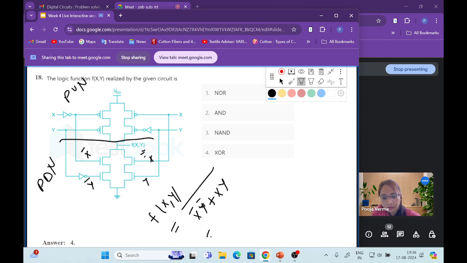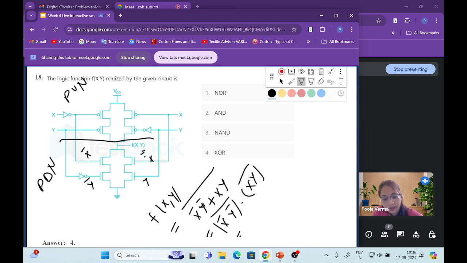Now further solve it. x dash y dash, if we remove this bar, this will be whole bar multiplied by x y bar, right?